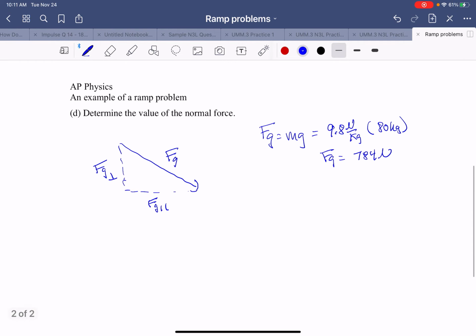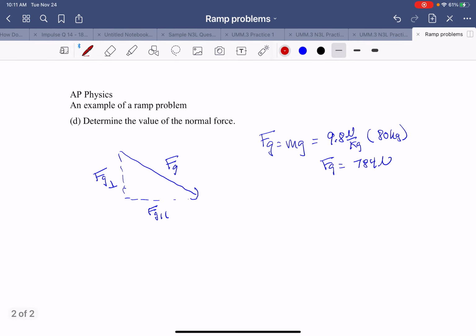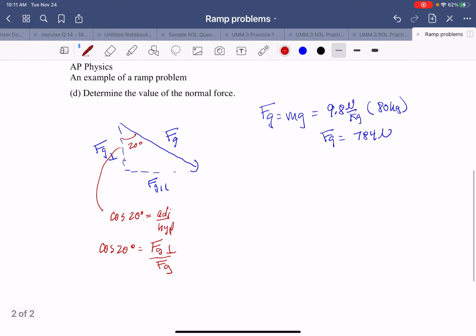Here comes some trig. For this side of my triangle, cosine of 20 degrees, because remember this is where my 20 degrees is, is adjacent over hypotenuse. In this case, cosine 20 degrees is my perpendicular component of my gravitational force over my gravitational force. Now I can do some math.